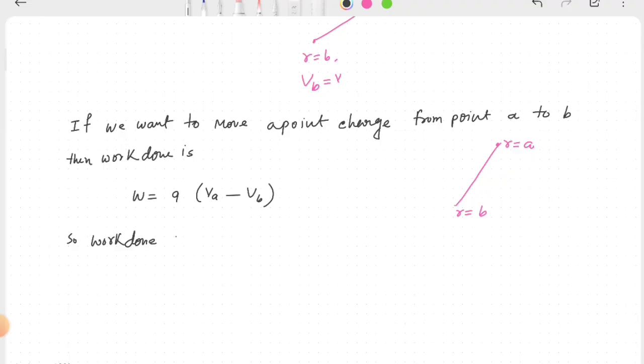Work done calculations in terms of electric field. So we already know, there are relations between electric field and potential.